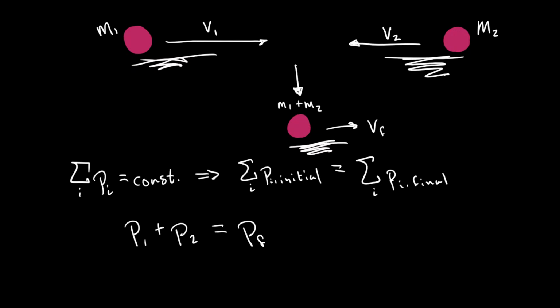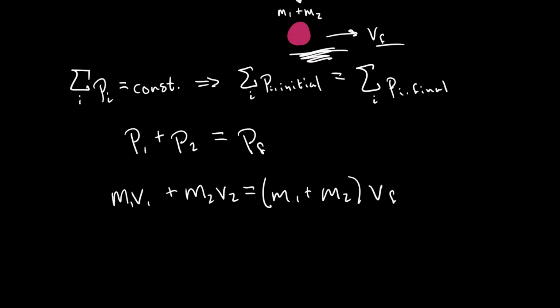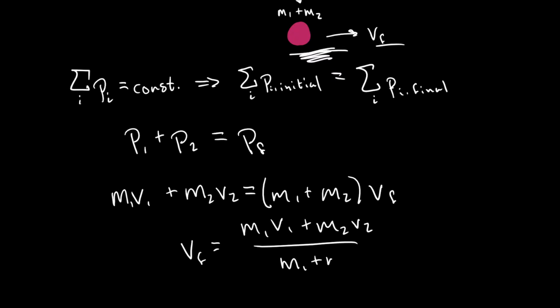Okay, so now, if we want to determine what this final velocity is, well, that's pretty straightforward to do. We just plug things in. m1v1 plus m2v2 is equal to, well, we know the mass of the final state is just going to be the sum of the masses, times vf, and now we just solve. vf is equal to m1v1 plus m2v2 over m1 plus m2.